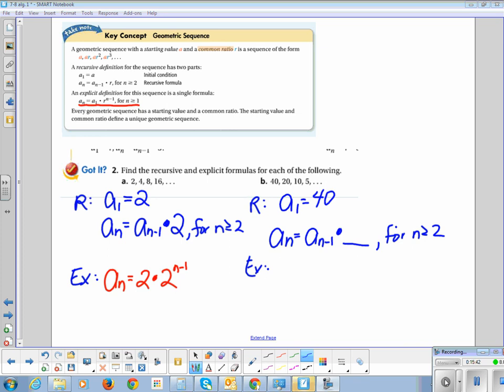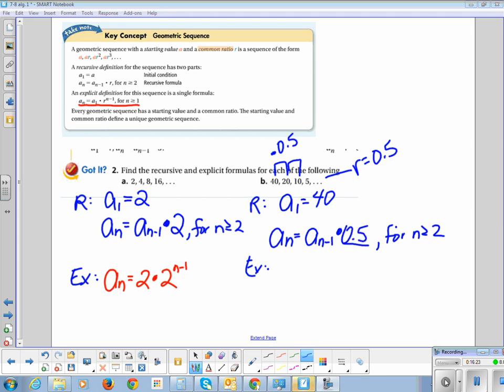To get from 40 to 20, what can I multiply by? And we want to be thinking, obviously it's not 2. So what's kind of the opposite of multiplying by 2? We can divide by 2 or multiply by 0.5, 1/2? Okay, so our common ratio is 0.5.